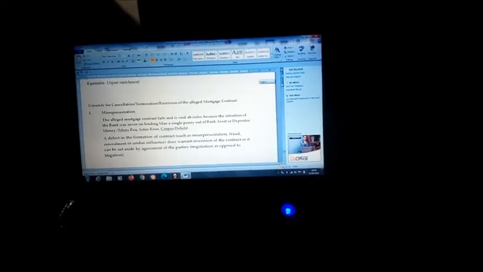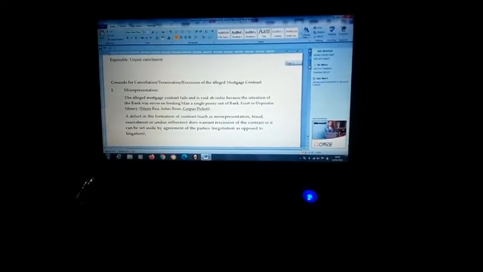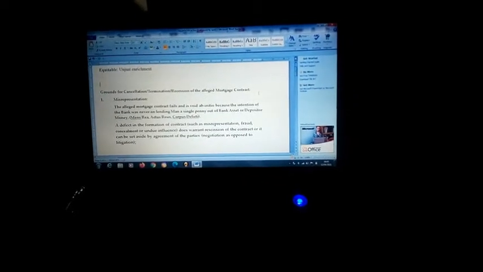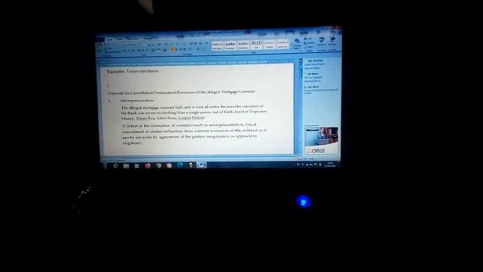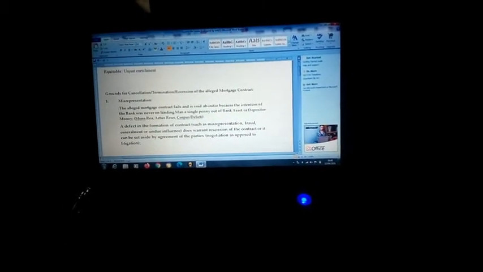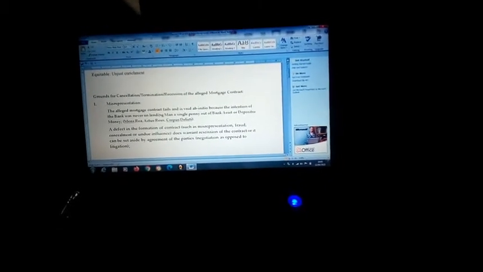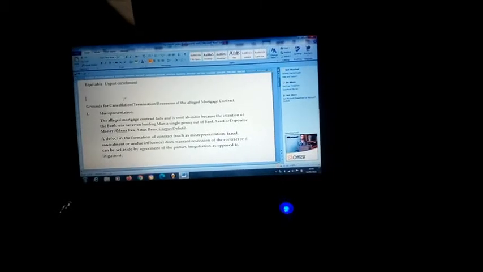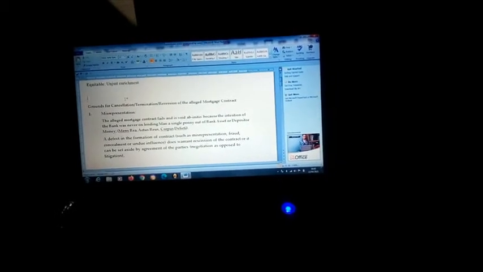Number one, misrepresentation of contract. Okay? That causes the contract to fail. It says the alleged mortgage contract fails and is void ab initio because the intent is always critical.